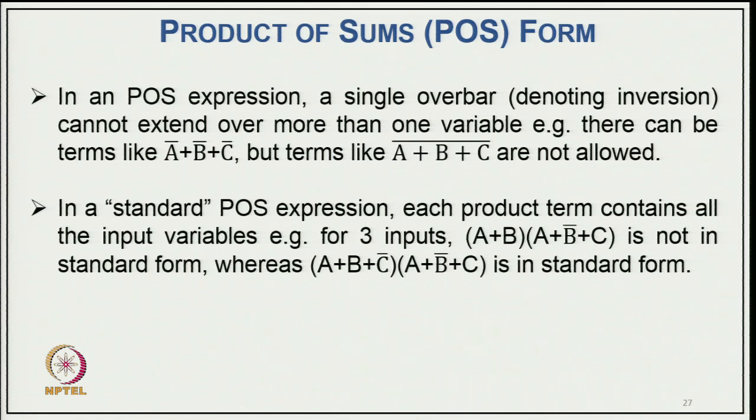For example, for 3 inputs, (A + B)(A + B' + C) is not a standard form, whereas (A + B + C')(A + B' + C) is a standard form.